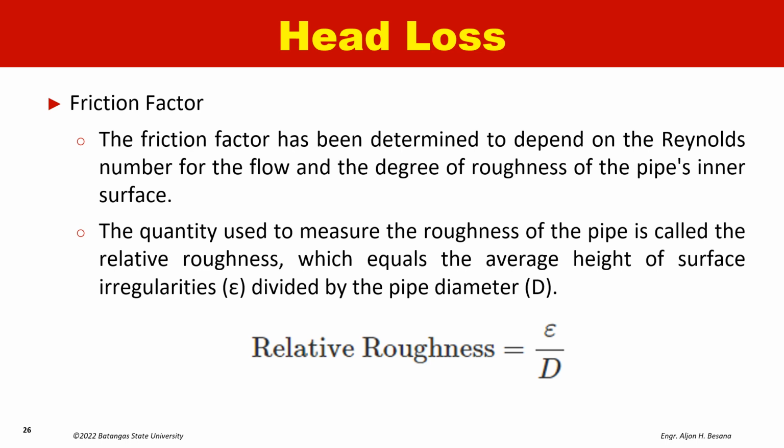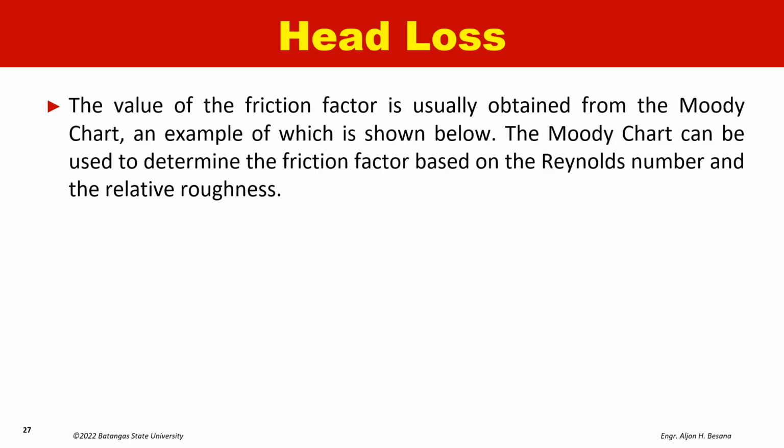The quantity used to measure the roughness of the pipe is called the relative roughness, which is equal to the average height of the surface irregularities divided by the pipe diameter. So simply, relative roughness is equal to irregularities divided by the pipe diameter.